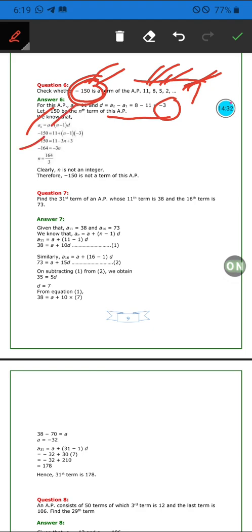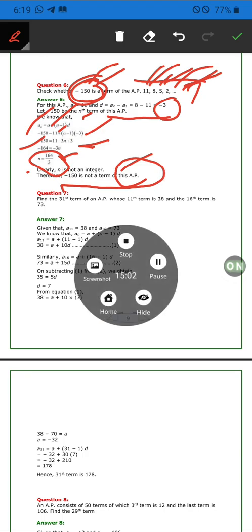Find N. By simplifying, we get N equal to 164 by 3. So it is in a fraction. I already told you N might not be in a fraction and not in a decimal. That's why N value is in fraction. So minus 150 is not in this AP. Okay.